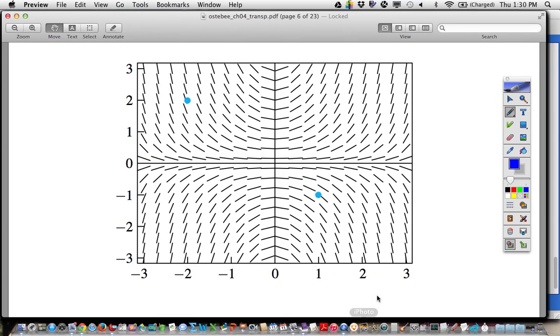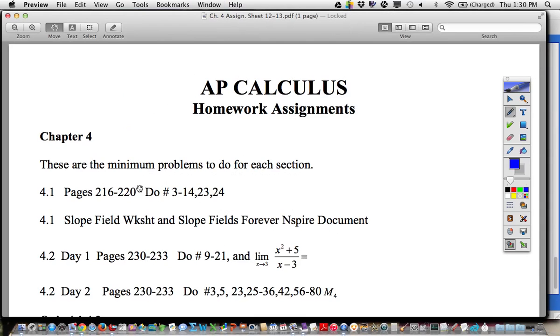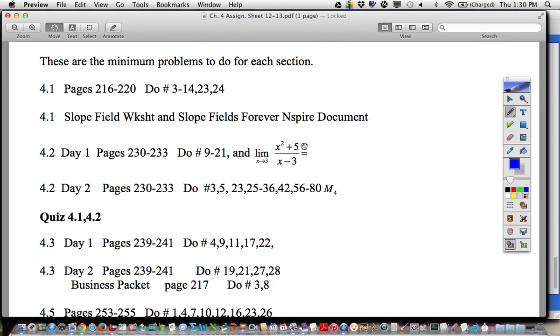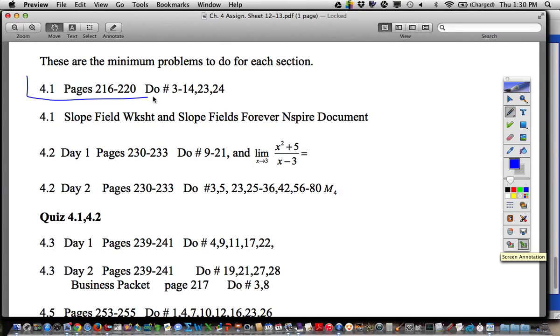All right, and I've got a new thing to hand out to you on the assignment sheet here. Matter of fact, let me pull that up, and I'll hand it out later, but let me pull it up here so you can just copy these down. So our homework is this first line up here. Now, 23 and 24 are the ones that are going to take you the most time.